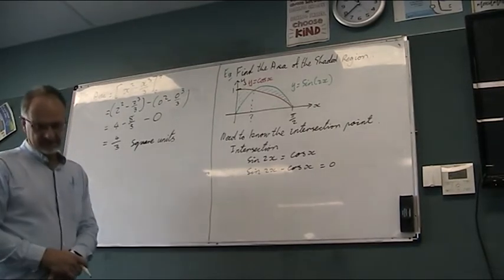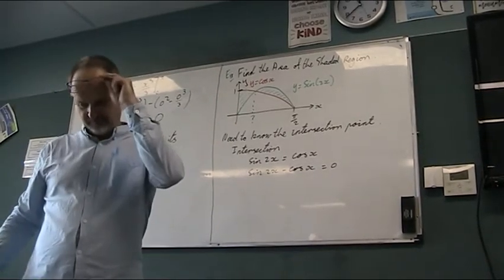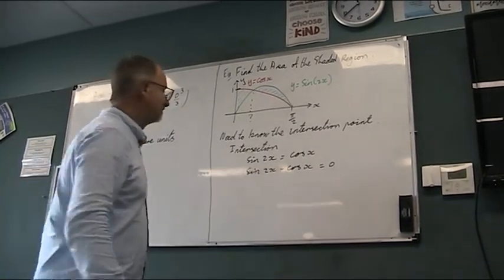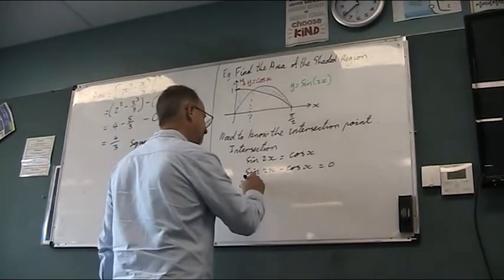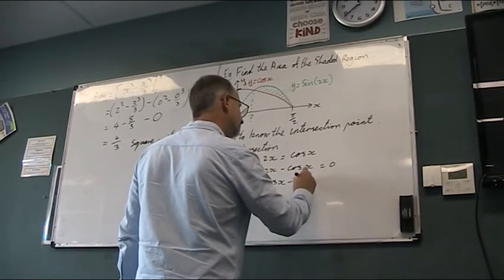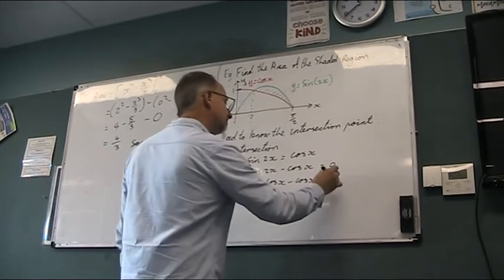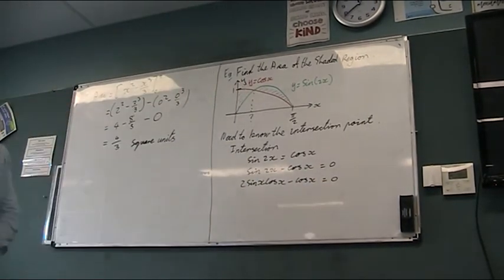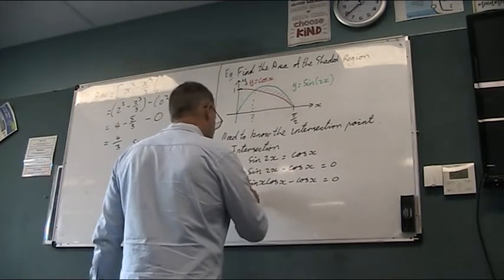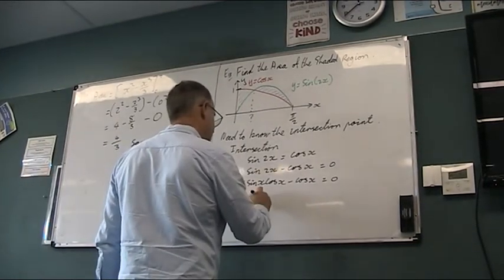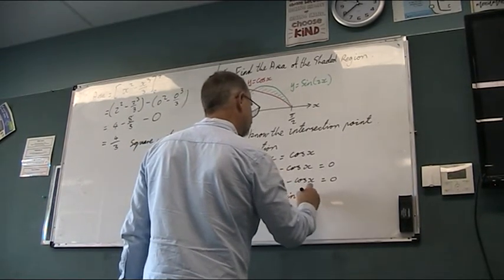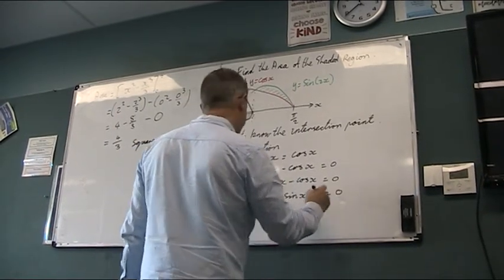Sine 2x is 2 sine x cos x, is that correct? And I've done that because cos x is a common factor.